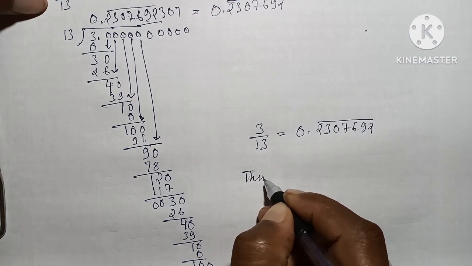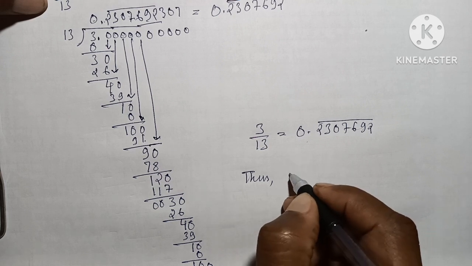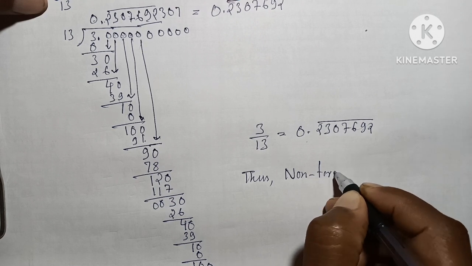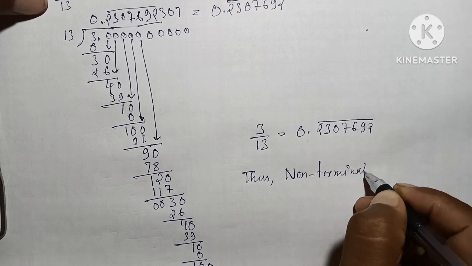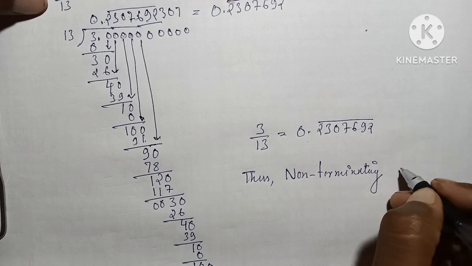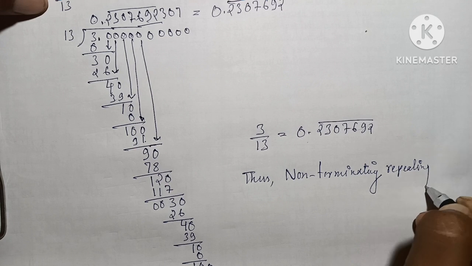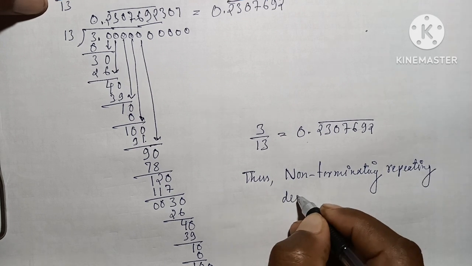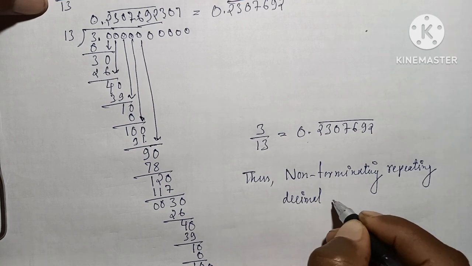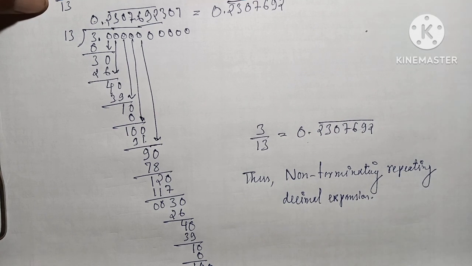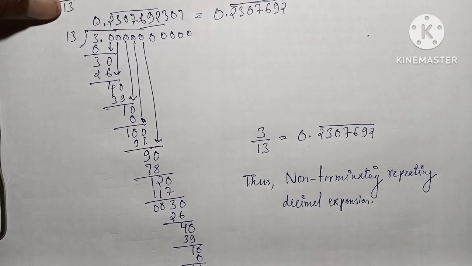Means this question is our non-terminating repeating decimal expansion. 3 by 13. I hope you understand the division. This is your non-terminating repeating decimal expansion.